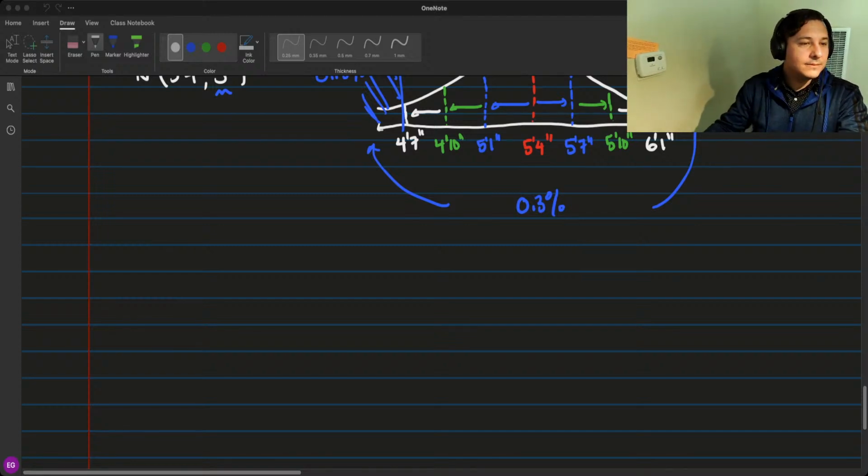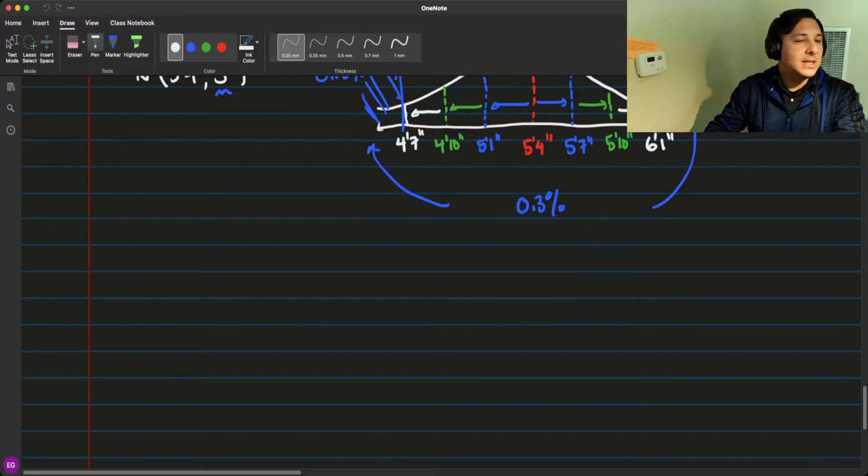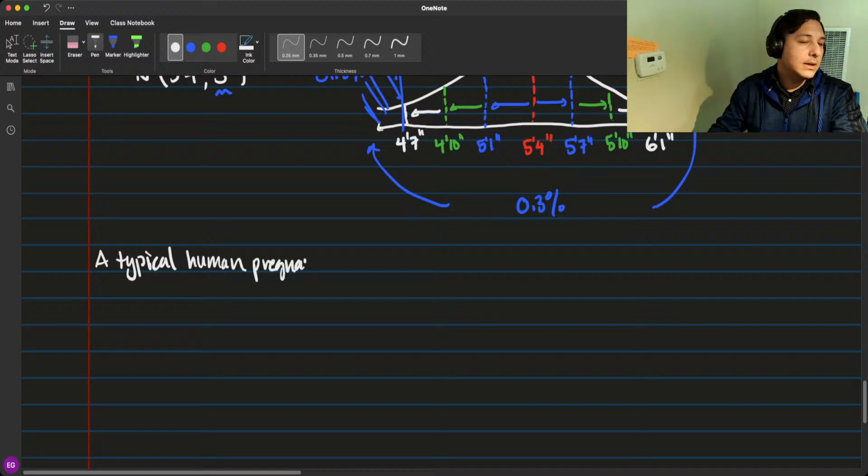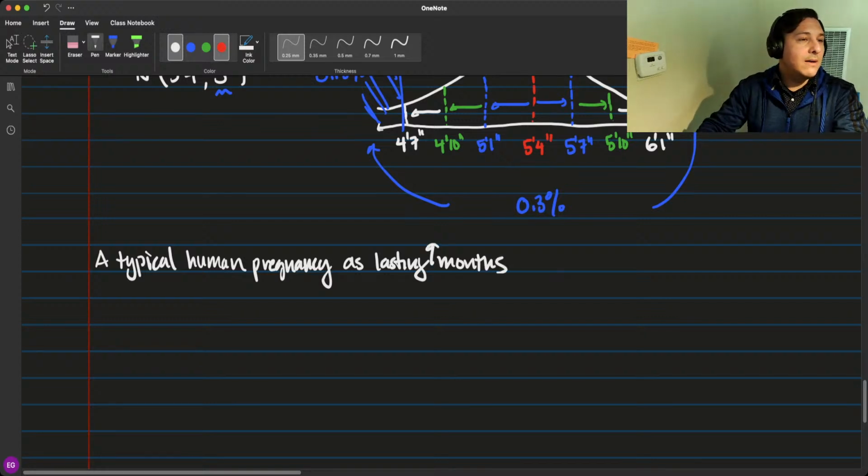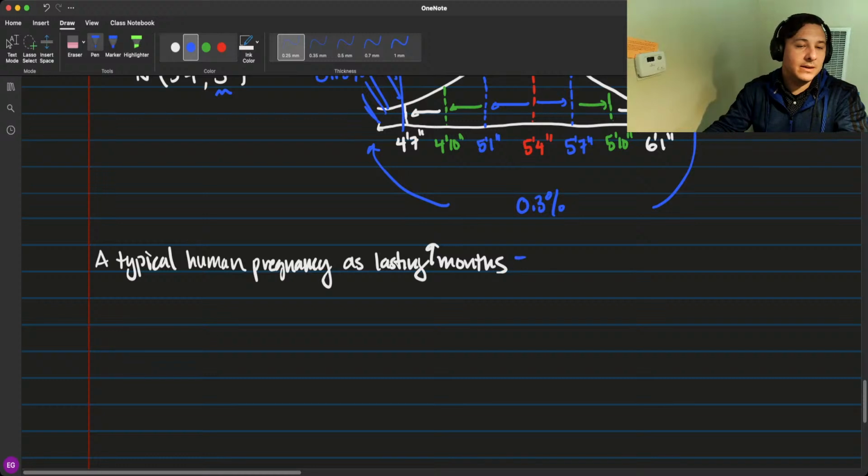Okay, cool. So, what's the typical length of a pregnancy? A human pregnancy? Yeah, so we think of a typical human pregnancy as lasting 9 months. Now, how many days are there in a month?